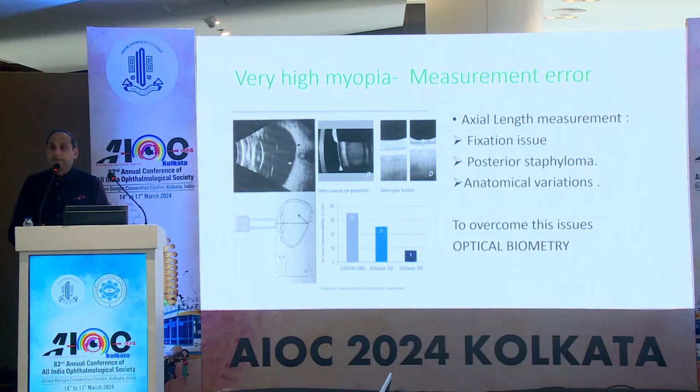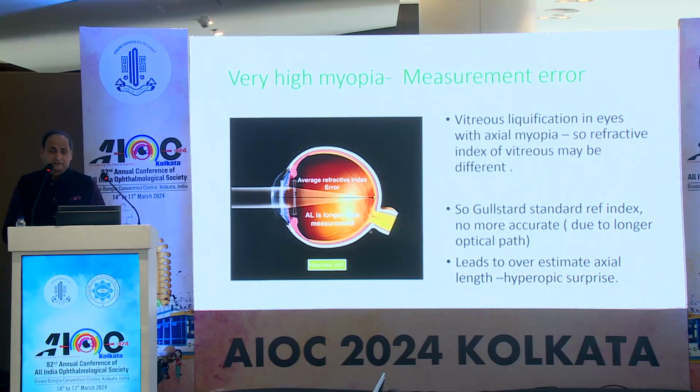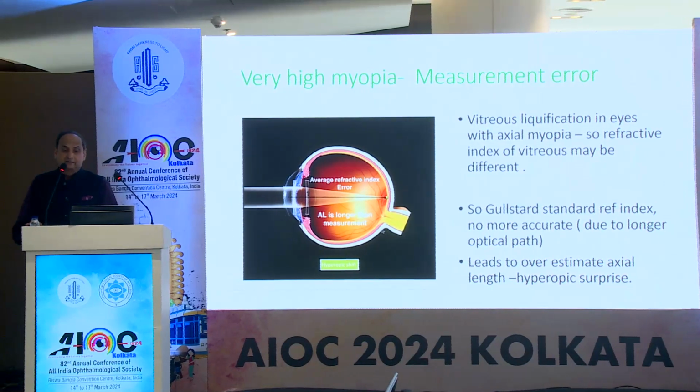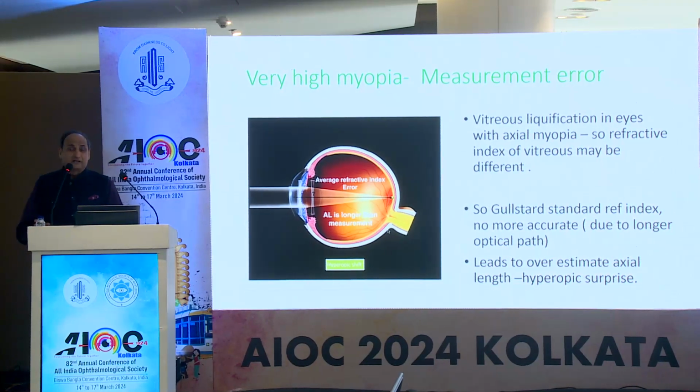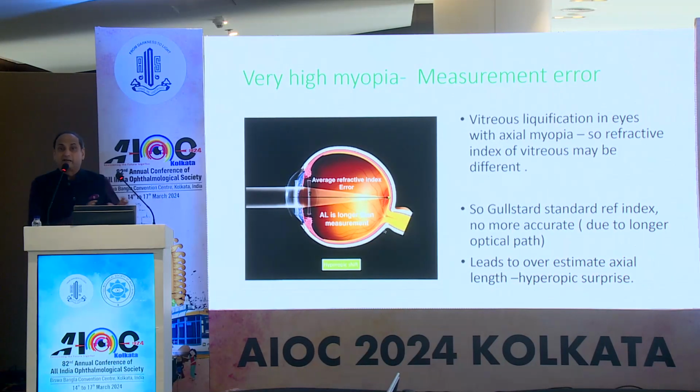Like Harshul explained to you, it measures right at the RPE level. What could be the measurement errors? Well, vitreous liquefaction in eyes with axial myopia. What does it actually lead to? Well, the refractive index of the vitreous is segmental and different because of the liquefaction in the pockets, and hence the Gullstrand standard refractive index is no more accurate.